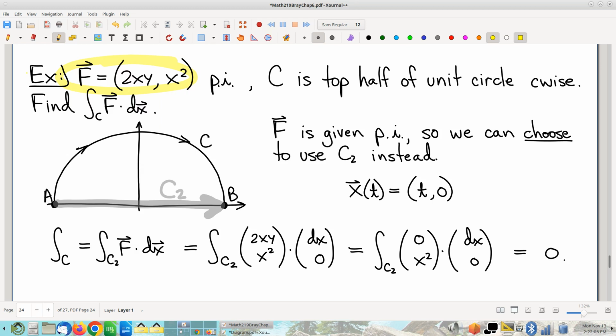But not every question will be kind of a nice little freebie like this where you can just write one down. So in this case, yes, I could have found an anti-gradient. I could have used the fundamental theorem of line integrals. That would be a distraction from the point of this example. The point of this example is to see how to do it the other way. And in plenty of circumstances, it will not be that easy.